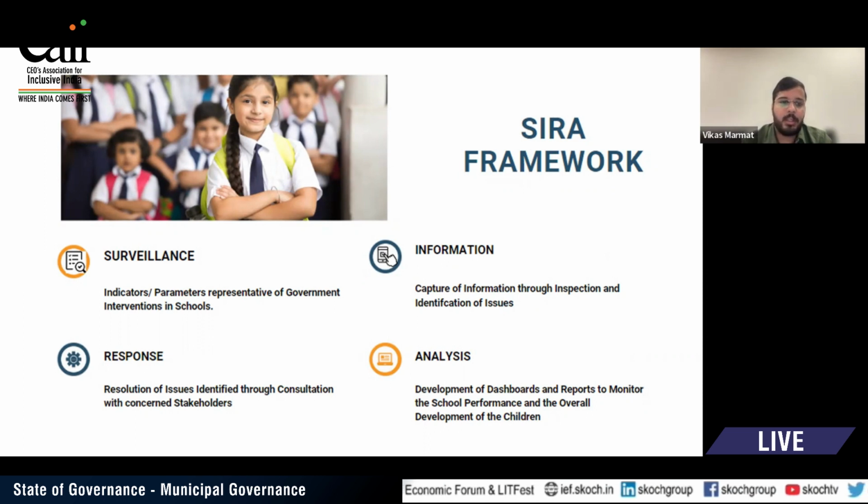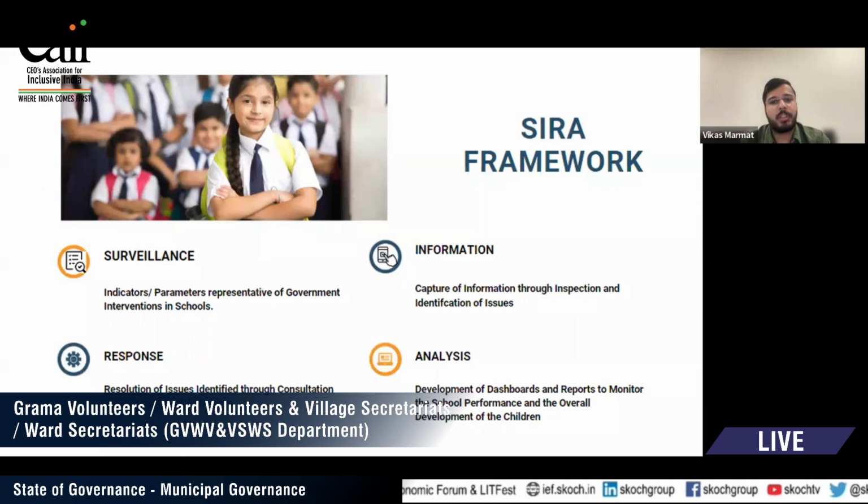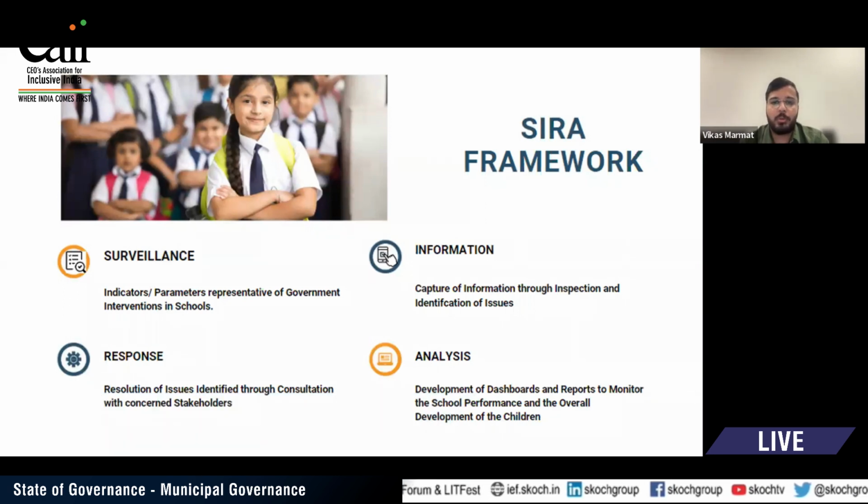For example, if a school is having some issue with the compound wall or maybe some issue with the safety or something, normally the process is that it will go to the immediate head, and then the immediate head will tell the concerned district authority, and then it will go to the headquarters. So the normal process takes so much time, and there is no guarantee as such of what the timeline is for resolving that issue, and what the requirements and challenges are.